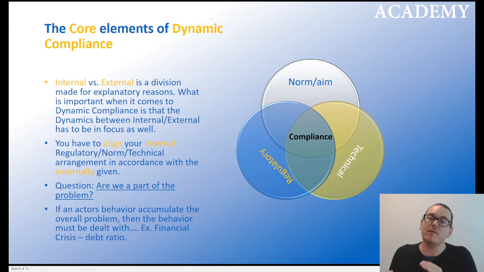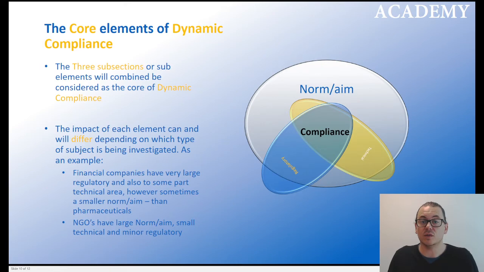But if that affects the external picture, then you need to comply, and you need to assess and mitigate, because then you're contributing to the overall risk exposure, which is not aligned with the legal requirement, with society's expectations or anything else.